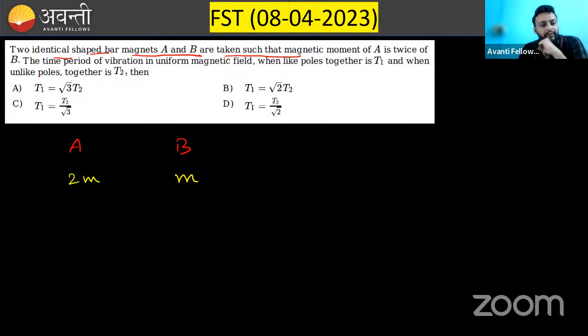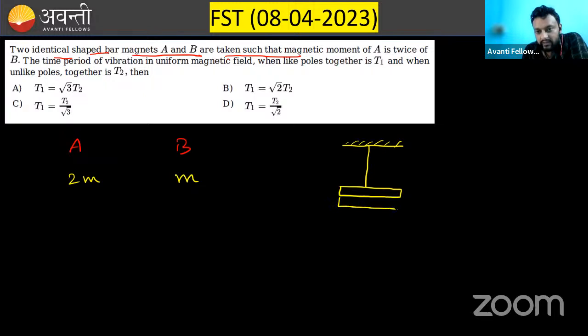Is this point clear? First point is clear. Now again they are saying that time period of vibration in an external uniform field when like poles are together is T1. These two bar magnets are suspended in such a way that their like poles are together.